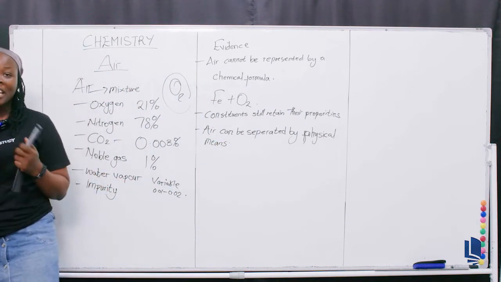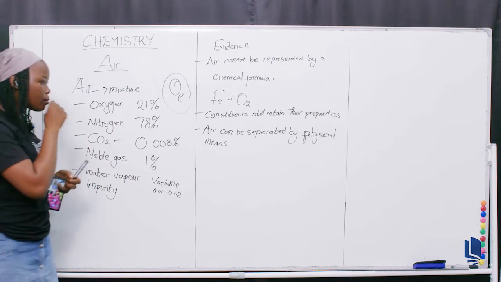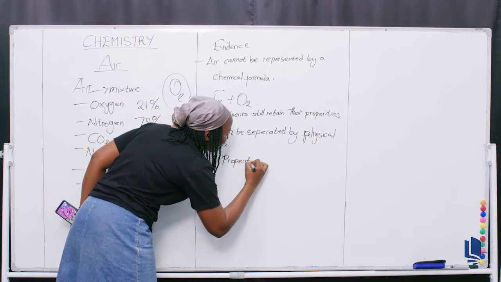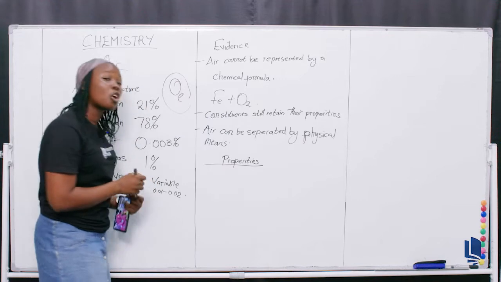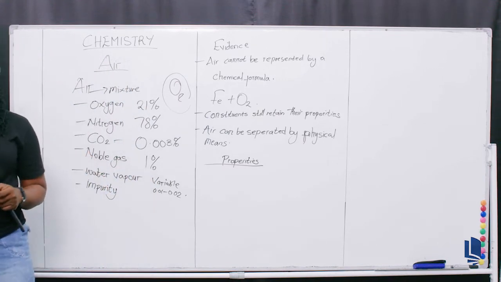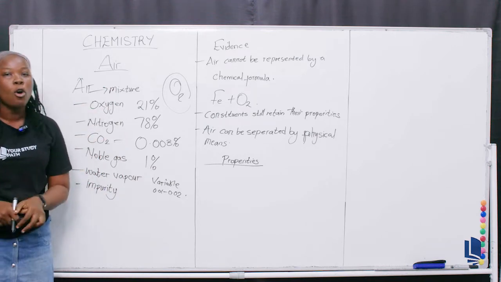Now, let's consider characteristics of air, right? So the properties. And when we are talking about the properties of air, because it's a mixture and each element still retains its physical properties, we'll be talking about the properties of oxygen, nitrogen, and carbon dioxide.